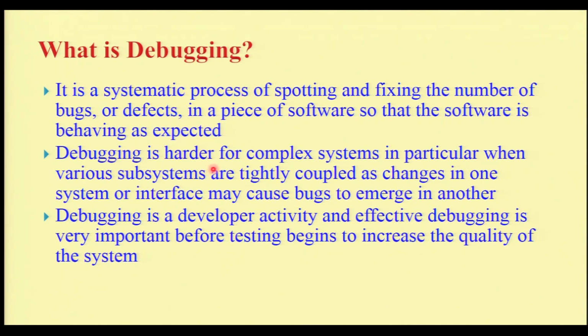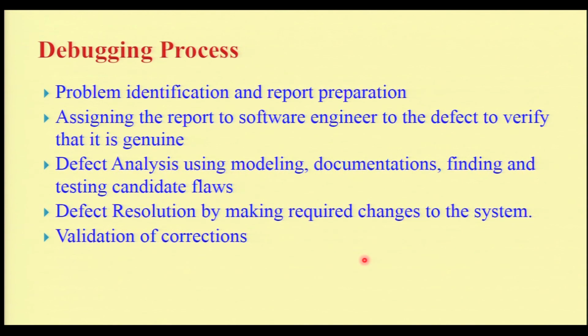Debugging is harder for complex systems, in particular when various subsystems are tightly coupled, as changes in one system or interface may cause bugs to emerge in another. Debugging is a developer activity, and effective debugging is very important before testing begins to increase the quality of the system. Now, let us see the debugging process.